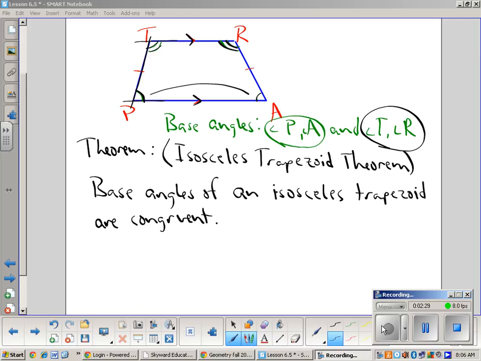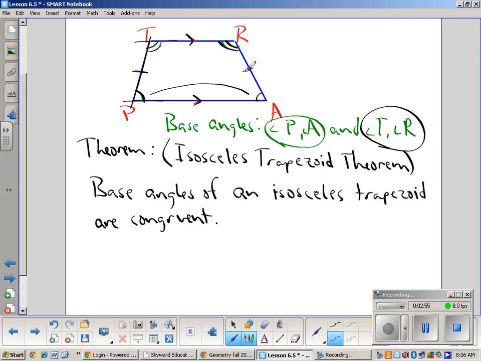All right, again, this is called the isosceles trapezoid theorem, and it simply says base angles of an isosceles trapezoid are congruent. Remember, the definition of isosceles trapezoid talked about these sides being congruent. The non-parallel sides were congruent. That's the definition of an isosceles trapezoid. So in that definition, we don't have anything talking about the angles.